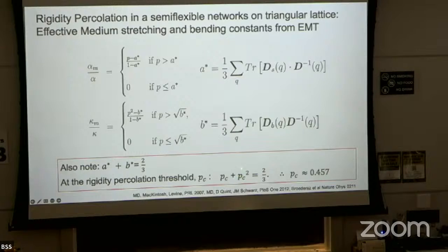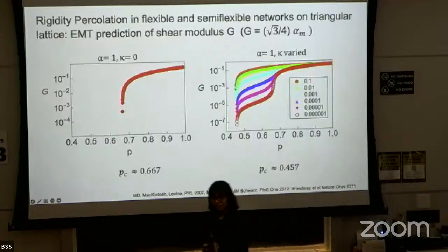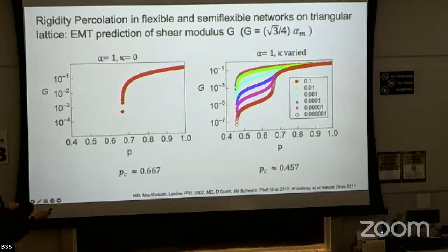You can see, in the limit where bending rigidity goes to 0, you will just have A star equals 2/3, and you'll get that. I'm going to show you the curve. Next slide. So when bending is 0, if I calculated G as a function of P, the shear modulus for a spring network is basically just square root of 3/4 times alpha M. So if you know alpha M, you know the shear modulus.